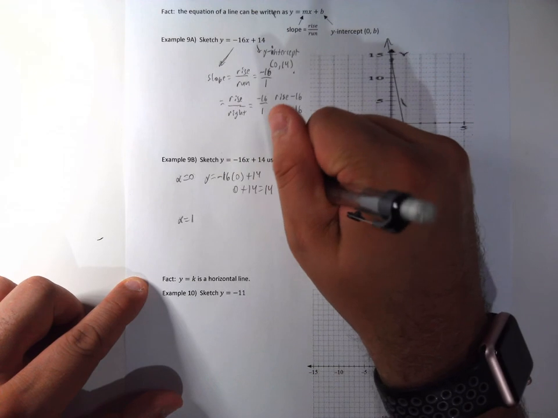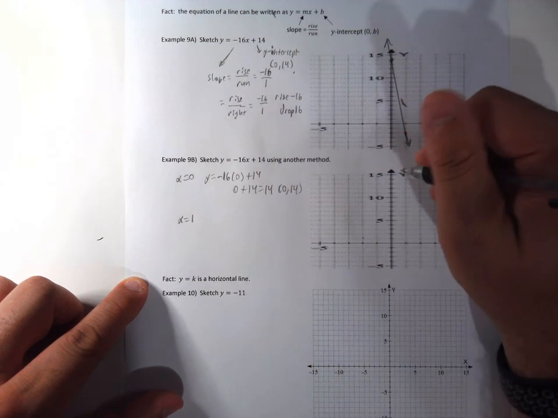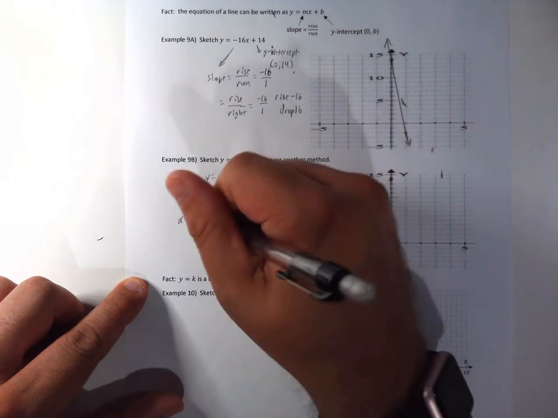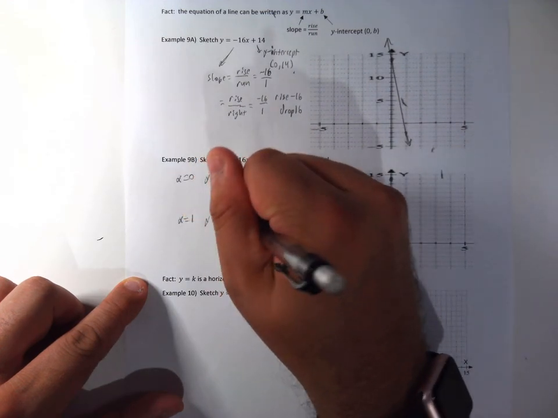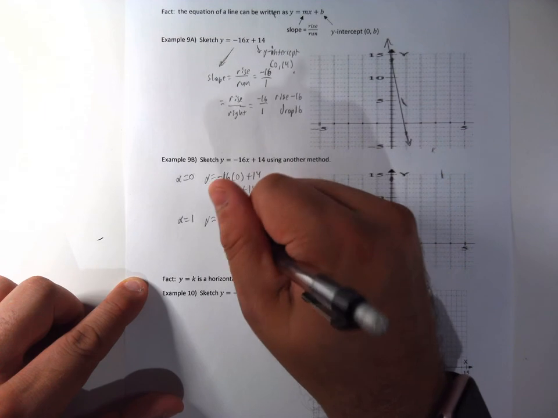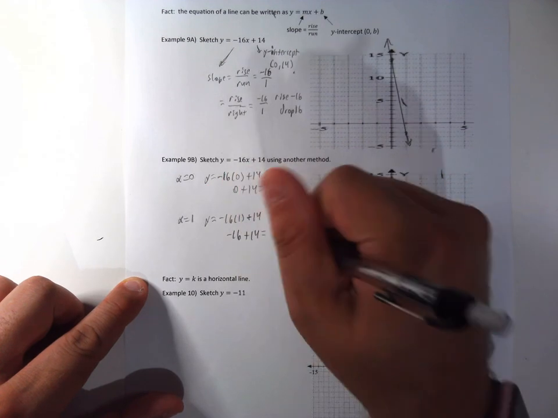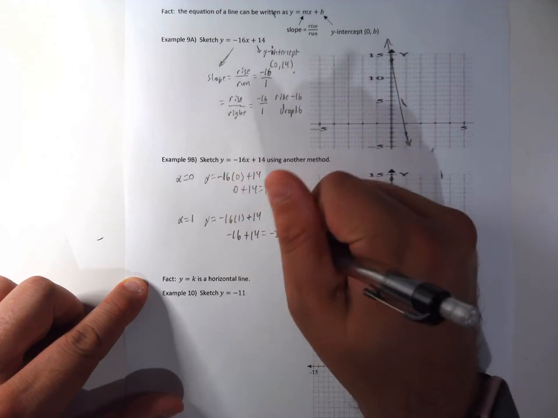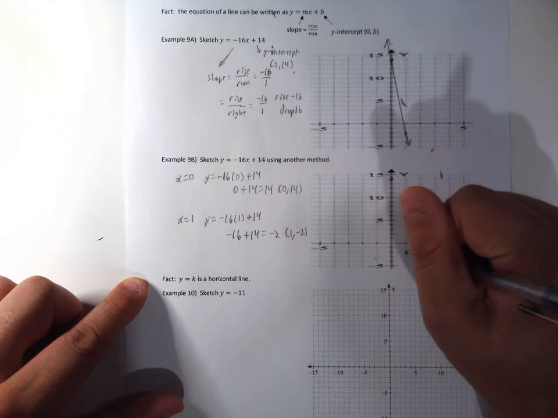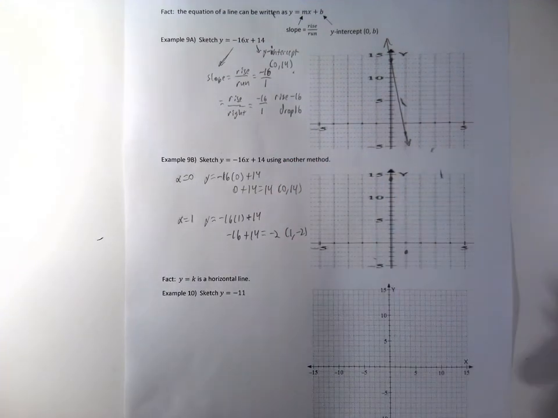So 0, 14. If x equals 1, y equals negative 16 times 1 plus 14. Negative 16 plus 14 is negative 2. So we have 1, negative 2. As you can see, it's the same line.